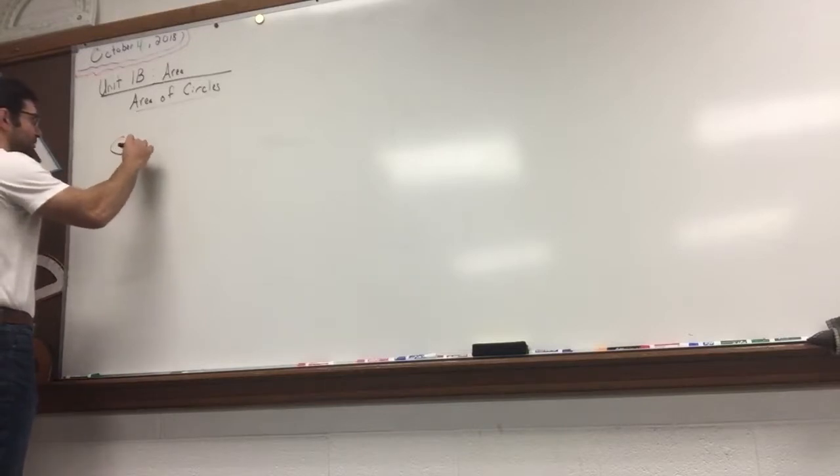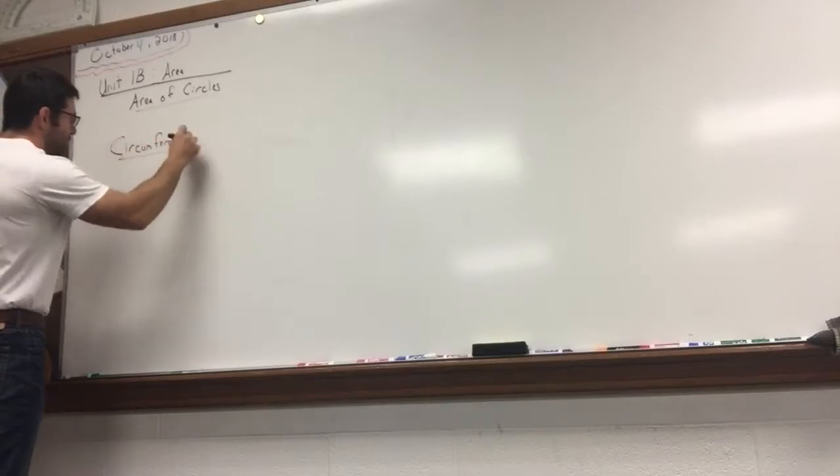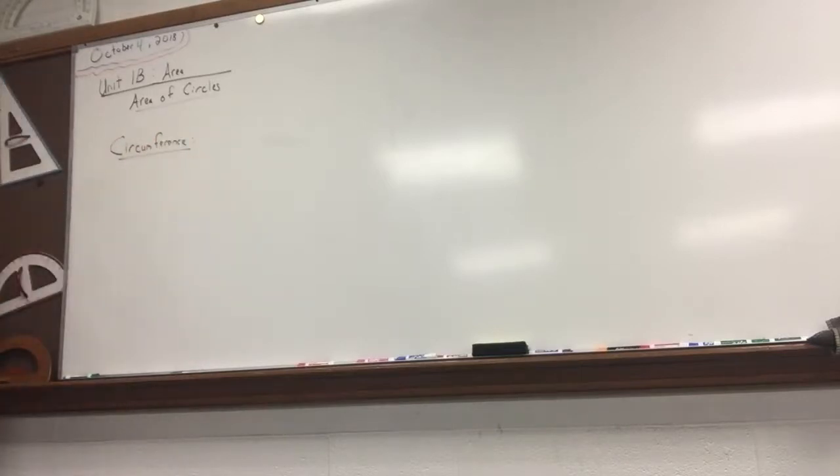We talked about circumference on Tuesday. Who remembers what the circumference of a circle is? The perimeter of a circle. Okay, so it is the perimeter of a circle, but be a little bit more specific. What are we going to say about it? The outline of the circle.